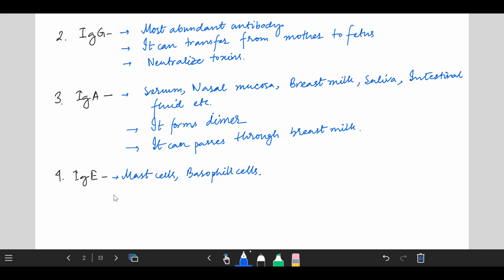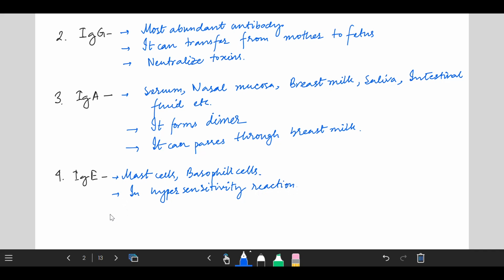So they take part in hypersensitivity reactions. How do they take part? They activate the mast cells.